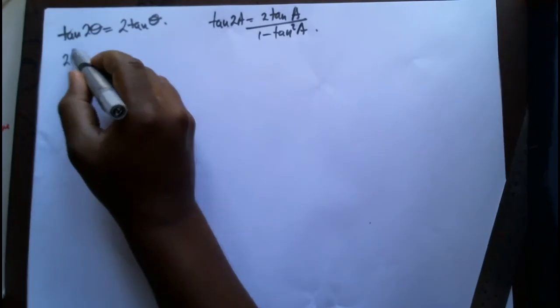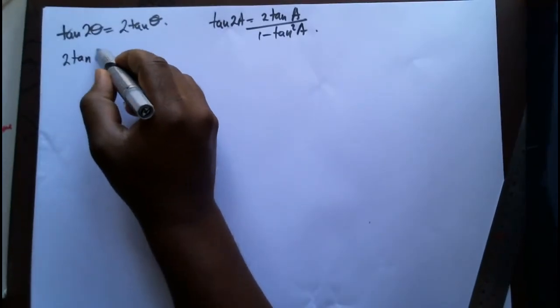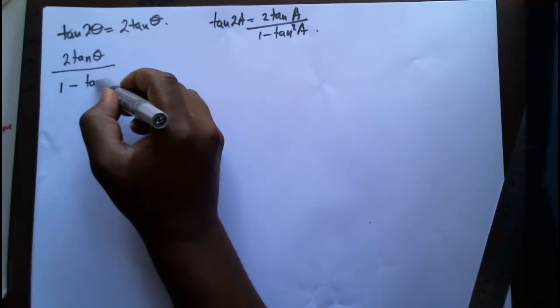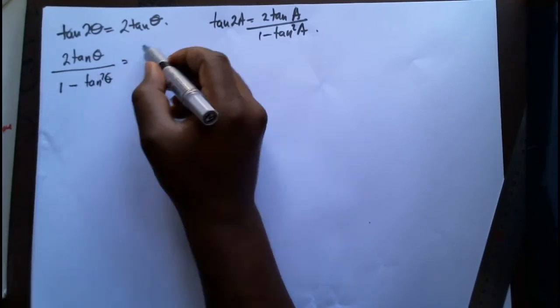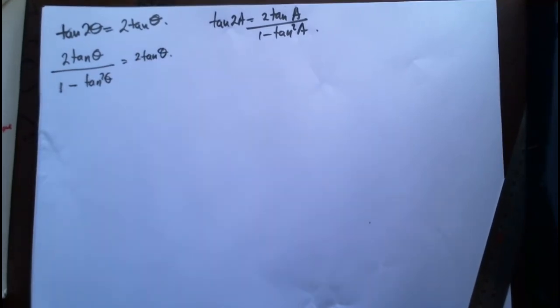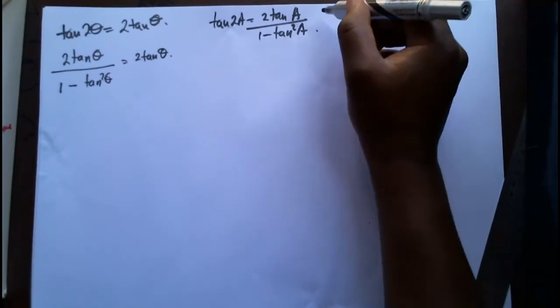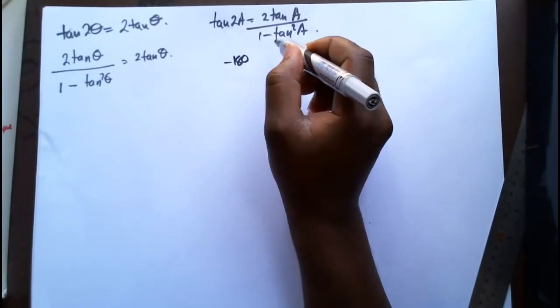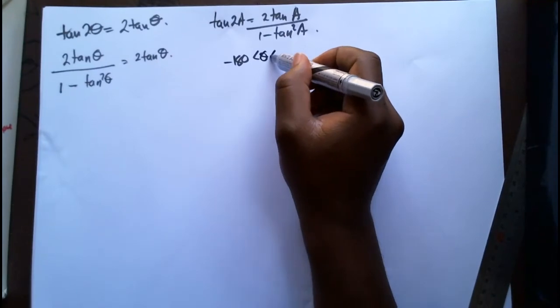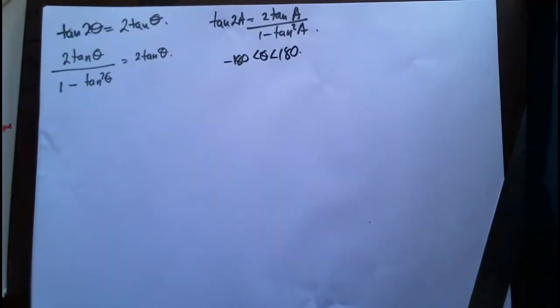This becomes 2 tan theta over 1 minus tan squared theta is equal to 2 tan theta. The question also says find theta between negative 180 and 180. So this brings me back to what we have solved.